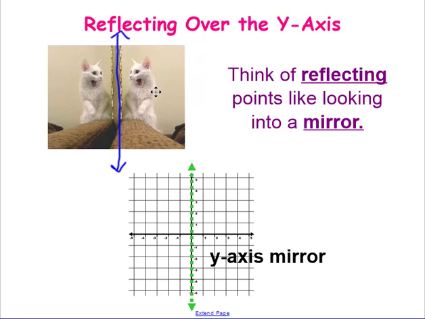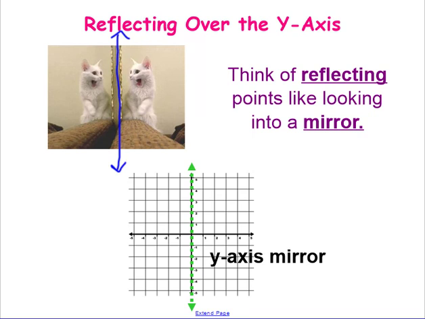This kitty is being reflected over the y-axis, and I'm getting an exact mirror image of what is happening on the other side. And that's what we do when we reflect. We're getting the mirror image, except again, we're not using kitties and dogs and bears and giraffes.